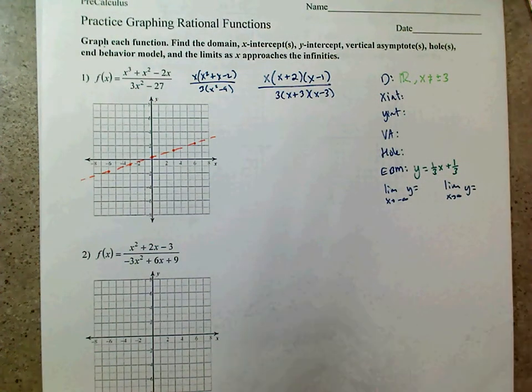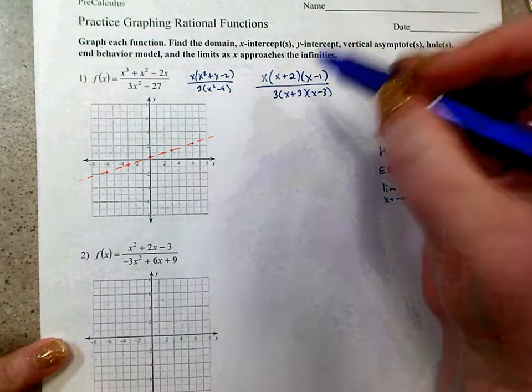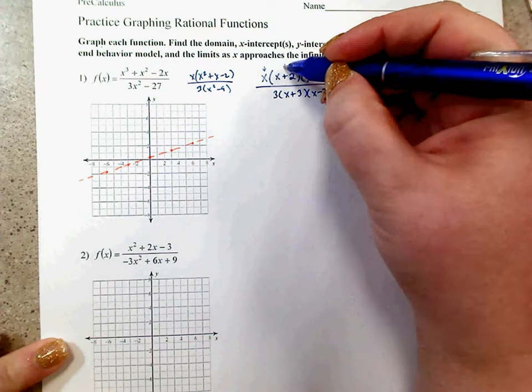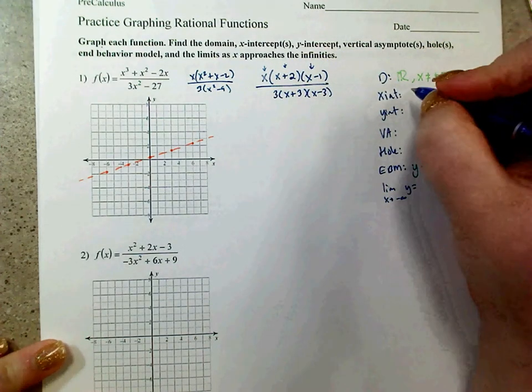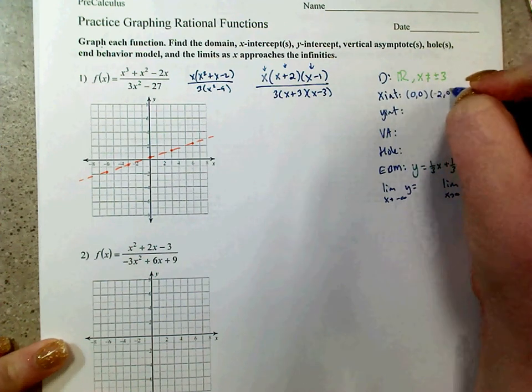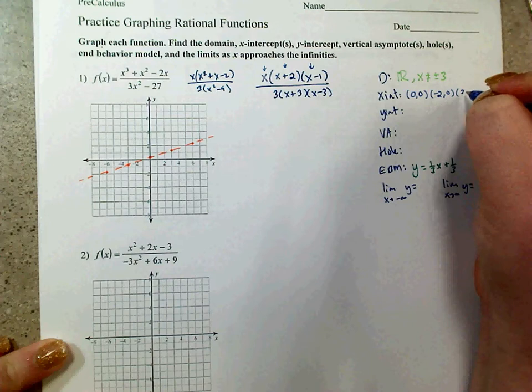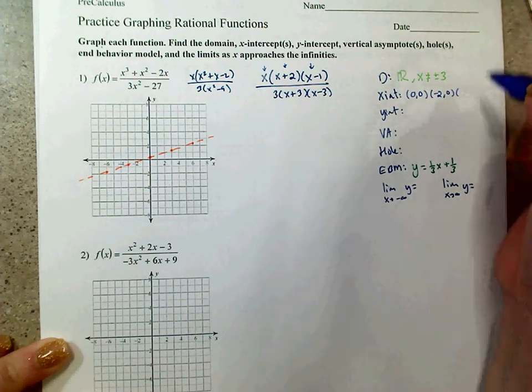My x-intercepts are anytime the numerator and only the numerator equals 0. So the numerator equals 0 at 0, negative 2, and positive 1. None of those cancel out with the denominator, so they're all x-intercepts. So 0, 0; negative 2, 0; and positive, just kidding, it's 1. Positive 1, 0.